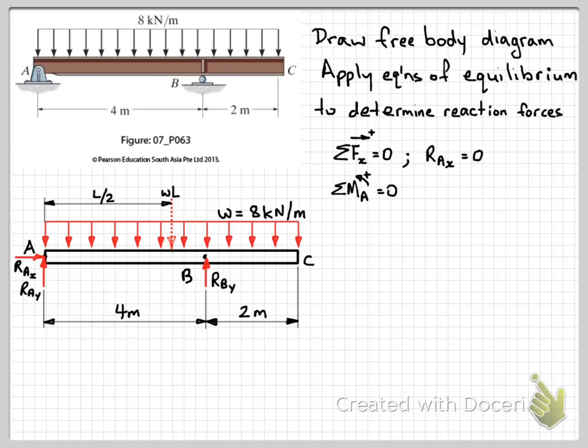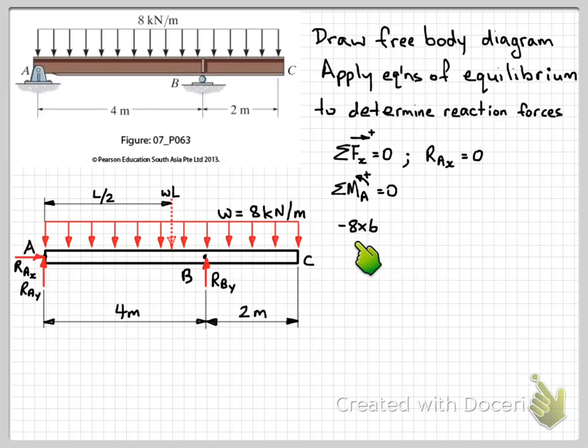So now we can start to write our equation of equilibrium for sum of the moments. So we have our distributed load in its equivalent single load here, so W times L. So I'll have 8 times 6, and I put the minus sign here because we're taking moments about point A, so this force will be tending to rotate clockwise around point A, so therefore that's a negative moment according to our sign convention.